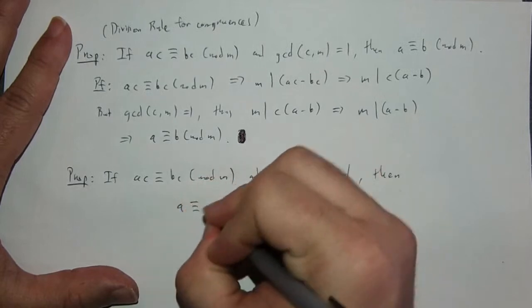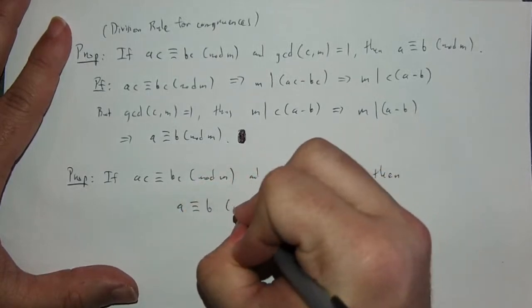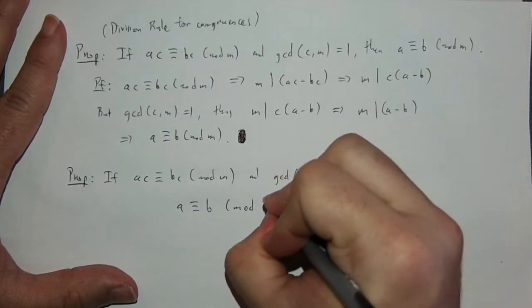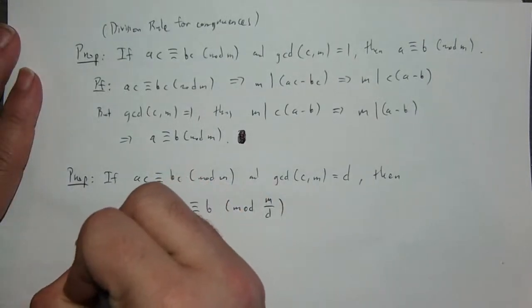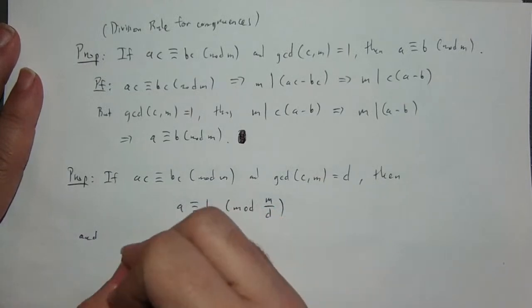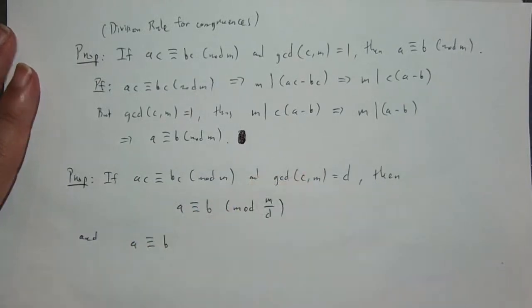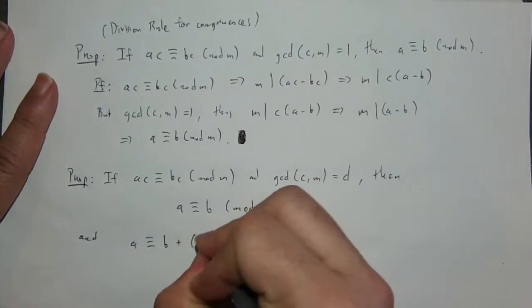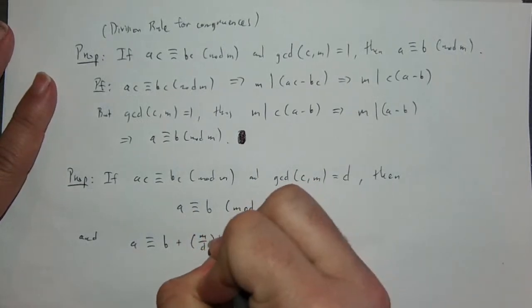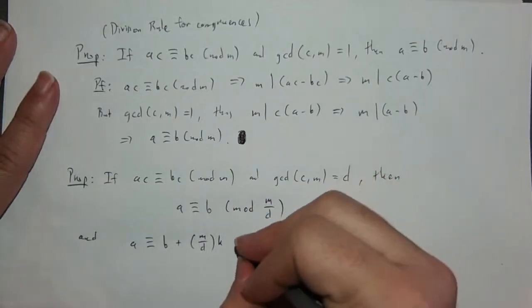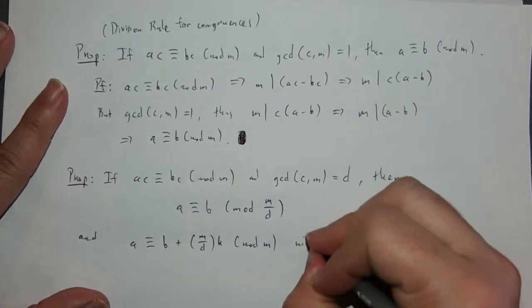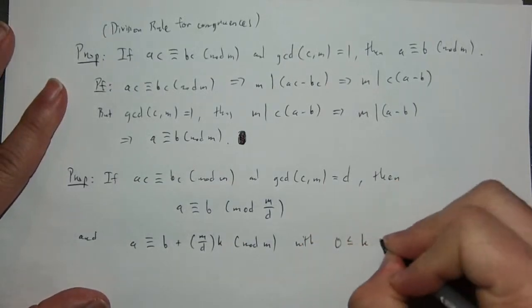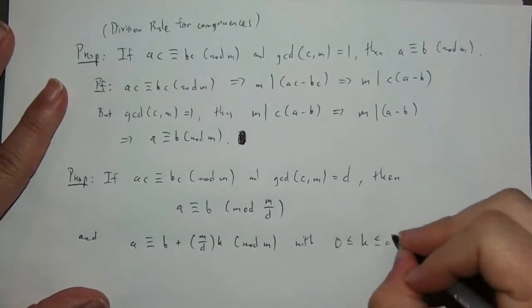But what happens is A is congruent to B mod M over D. And of course, another way of writing this is A is congruent to B plus M over D times K mod M, with K between 0 and D minus 1.